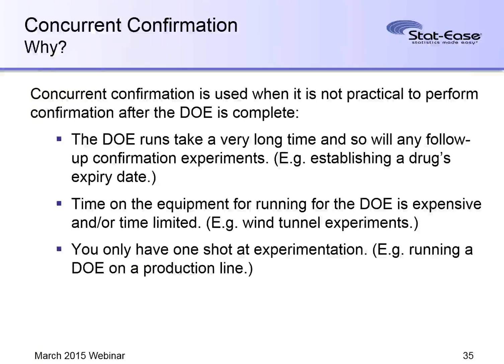Very expensive to go back later and perform confirmation runs, so it would be nice if we can somehow simultaneously fit and confirm a model. Finally, if you just have one shot at experimentation, you can't go back. So you'll have to somehow incorporate model confirmation during the actual design stage.